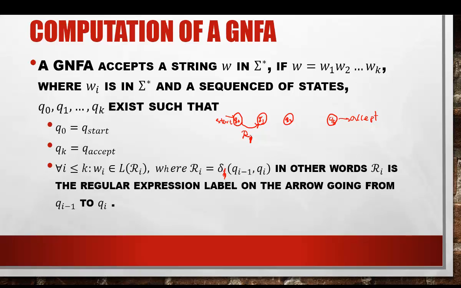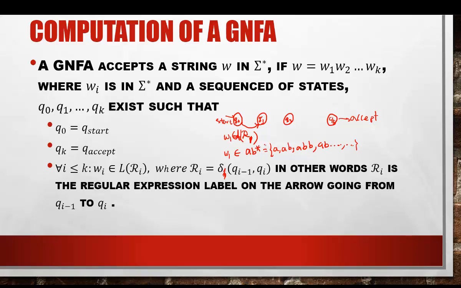So if R sub 1 takes me from Q sub 0 to Q sub 1, if and only if W sub 1 is in the language described by R sub 1. For example, if R sub 1 was (A ∪ B) star, then W sub 1 being a member of it means it could be, for example, A, or AB, or ABB, or ABBB, and so forth.